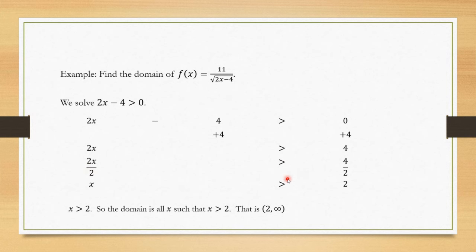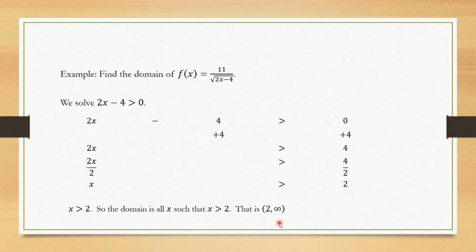So what we get is this inequality. So the domain is all x such that x is greater than 2, which is the same as saying this interval. So all numbers bigger than 2 form the domain of this function.